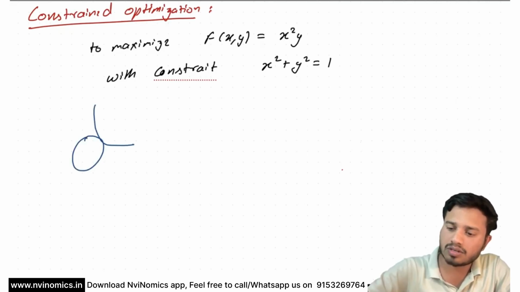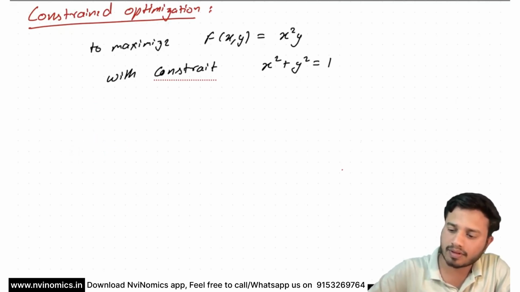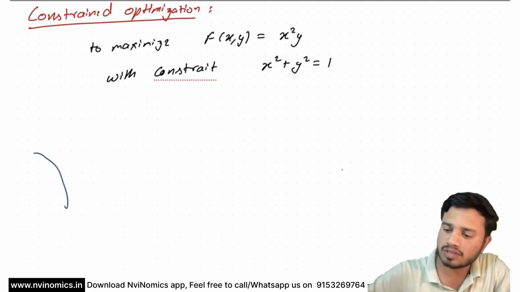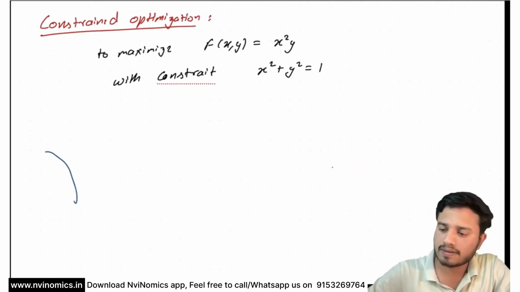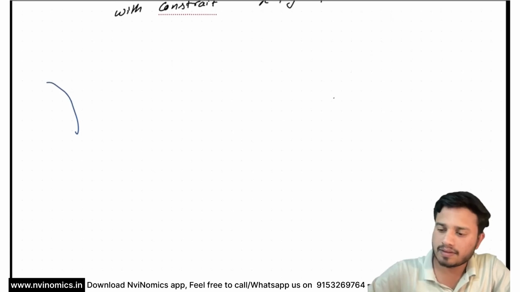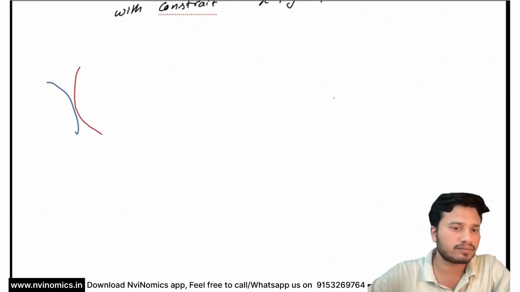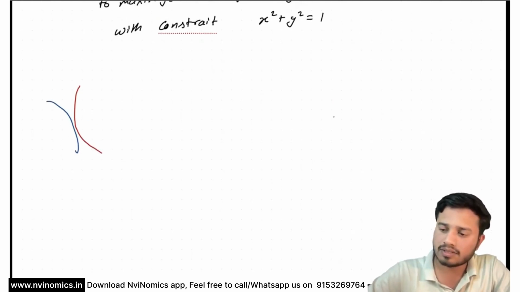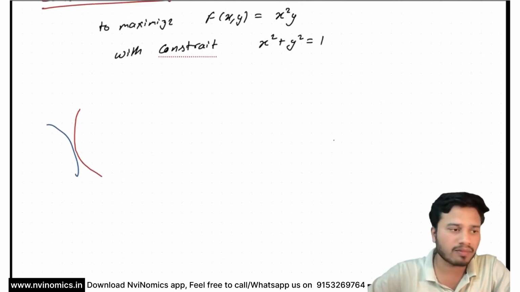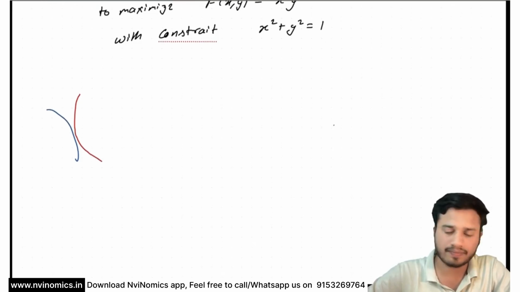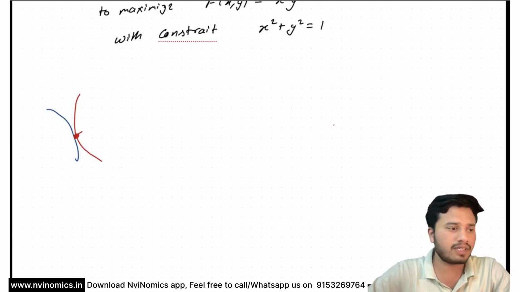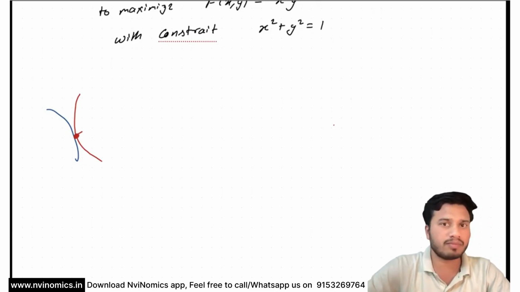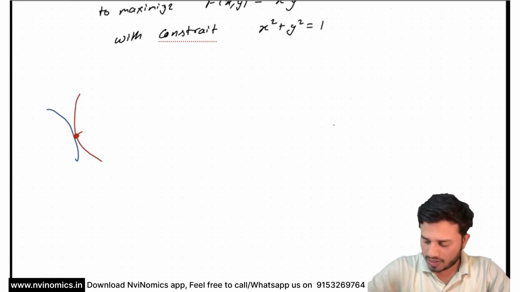I'm just focusing on this. This is our constraint line, suppose, and this is our function which we have to maximize. Then at this point we have to check if it is a point of maximum or minimum or not.